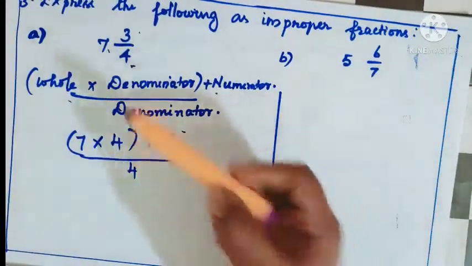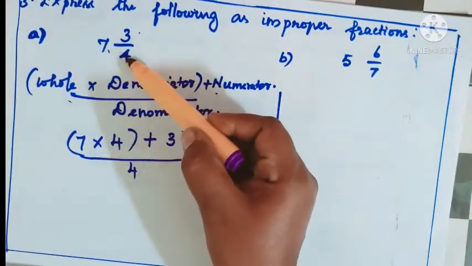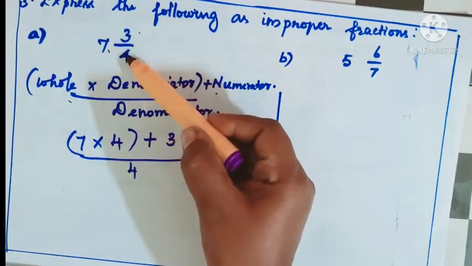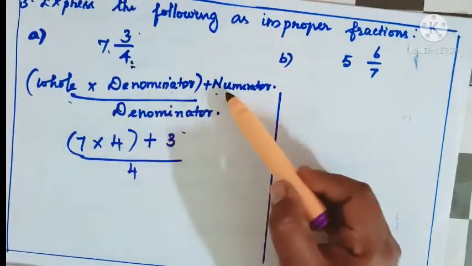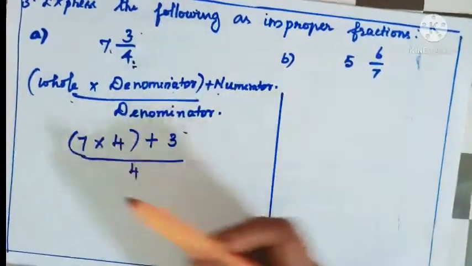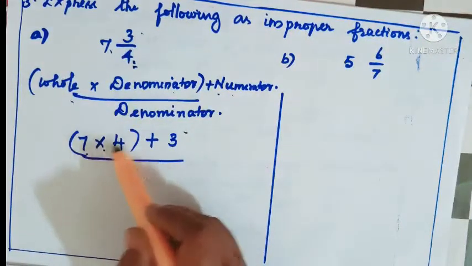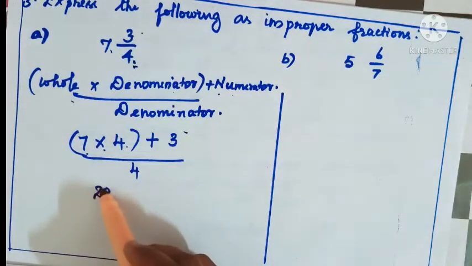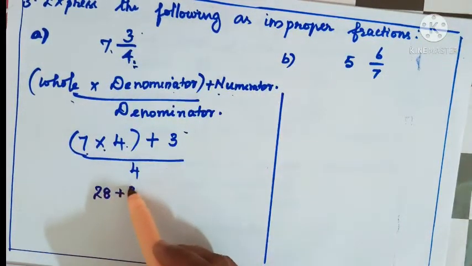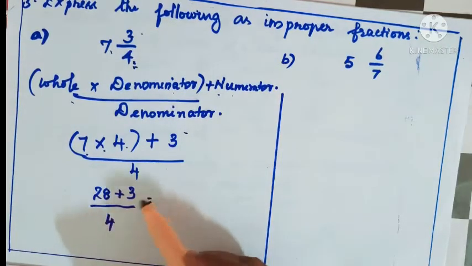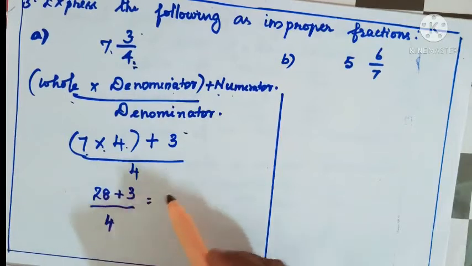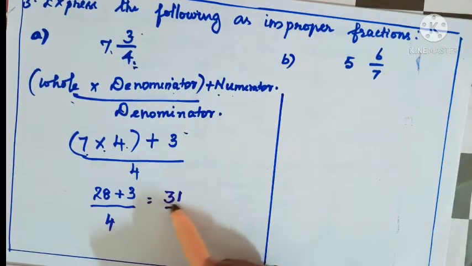Again I repeat: 7 into 4 plus 3, by 4. Now you can multiply this. 7 into 4 is 28, plus 3, divided by 4. So what do you get? 28 plus 3 is 31. 31 by 4.